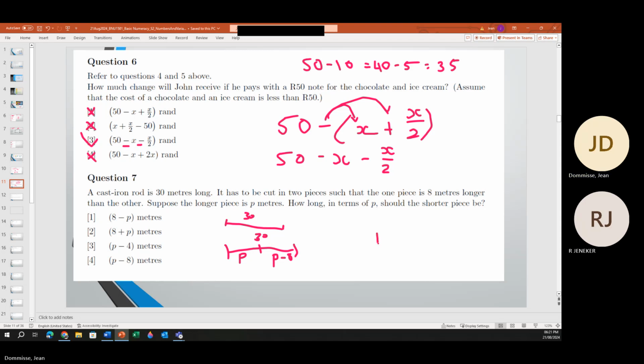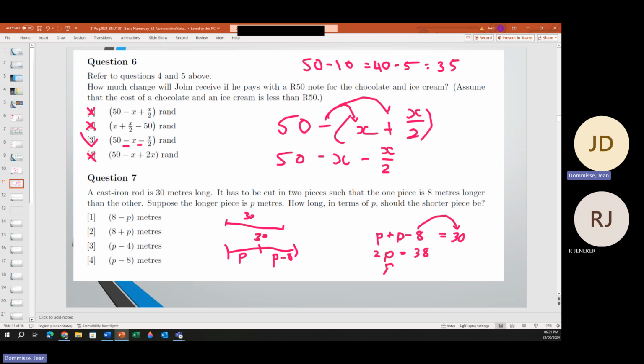So if we write it out as a formula, it will be p plus p minus 8, that will be 30. So 2p will be equal to, that goes over to that side, 38.